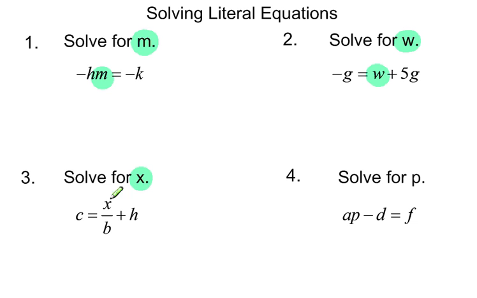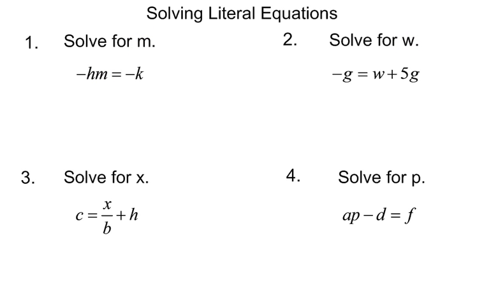Here it says solve for x, so in getting x by itself, we get rid of the b and get rid of the h. Similarly here, as we solve for p, to isolate p we will be getting rid of the a and the minus d here. So let's just take a look at how to do that.